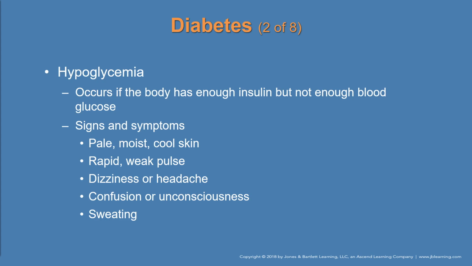So the body has enough insulin, has enough of the right kind of insulin, but there's not enough blood glucose. And this comes from an inability of the body to maintain its own stores and levels of sugar. An older term for hypoglycemia that you may hear older folks refer to is insulin shock, although that's sort of an inaccurate term.